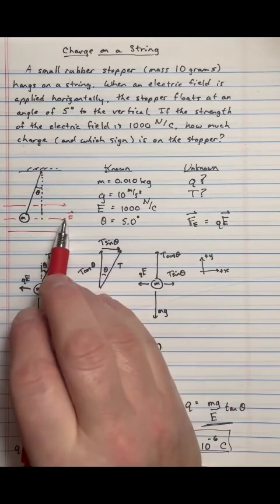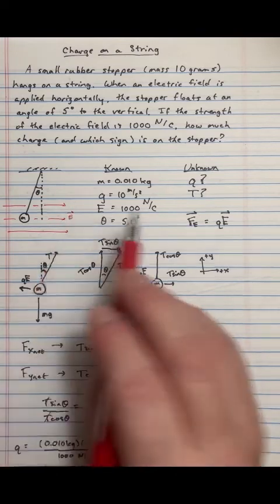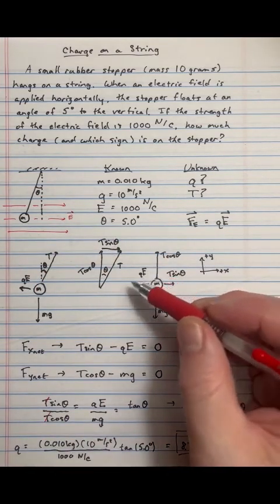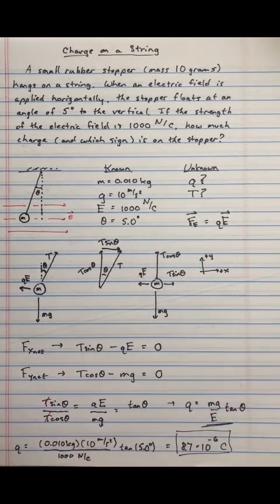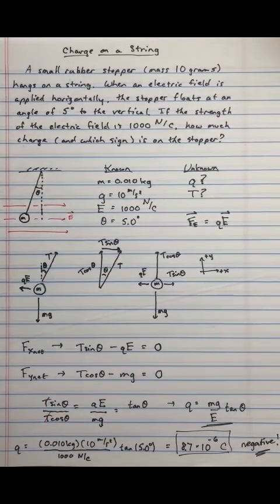But if you look at the direction in the picture, the field itself is pointing to the right. To the left is the opposite or negative, if you will, of the right, and therefore the charge must be negative. And that is a way to argue for your results.